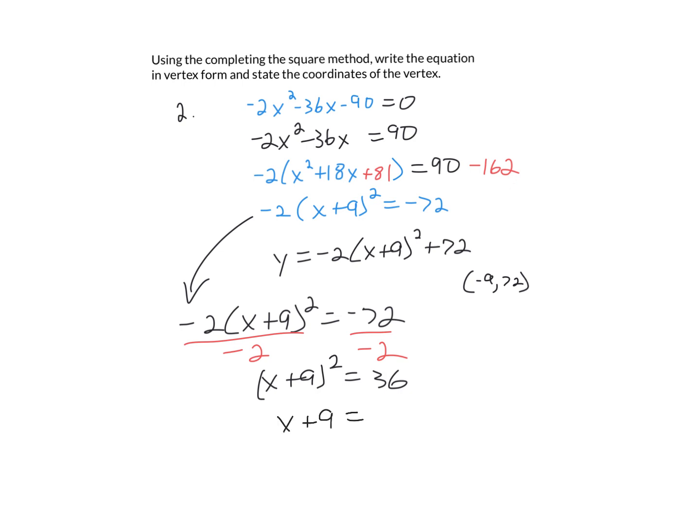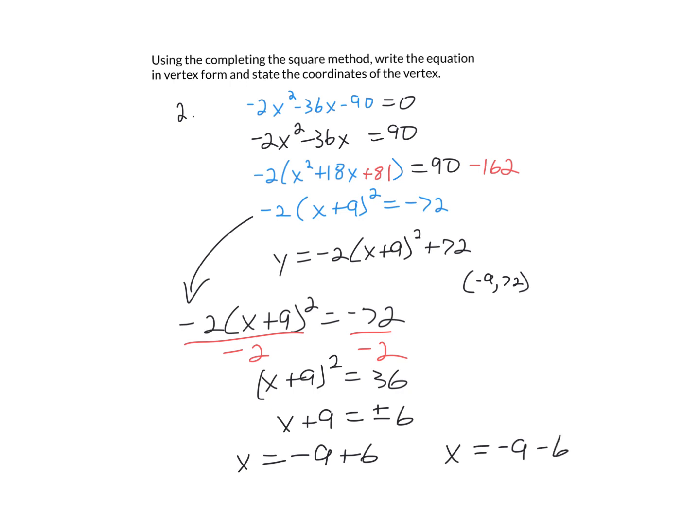And that's going to equal plus or minus the square root of 36, which is 6. So when we finally solve for x, x is going to be equal to -9 plus 6. And x is going to be equal to -9 minus 6.